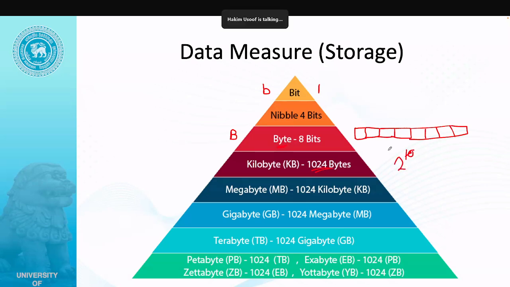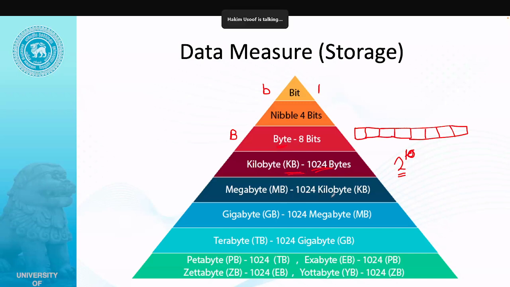Because we are dealing with binary, it can be 1 or 0, so we take 2 to the power of something. 2 to the power 10 is 1024. So 1024 bytes form a kilobyte, a KB.